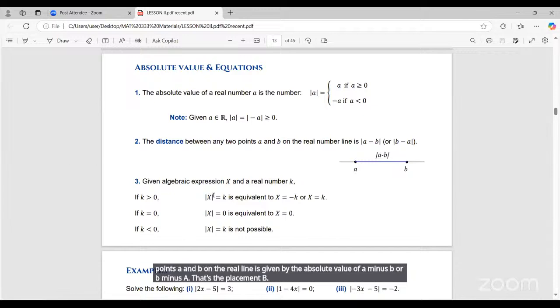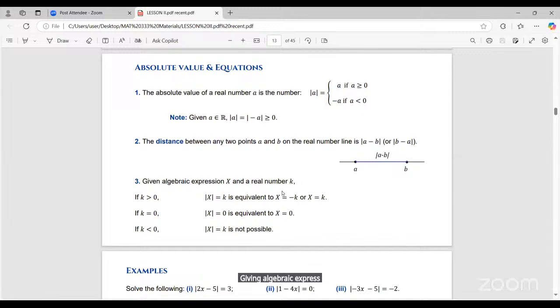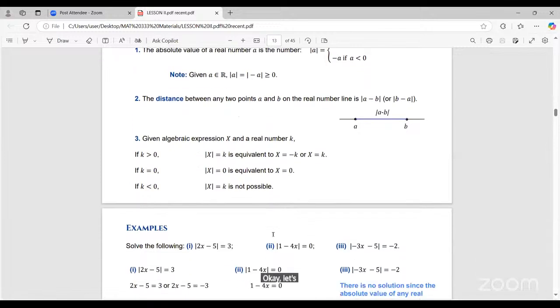Given algebraic expressions X on a real number K. If K is greater than 0, we have the absolute value of X equal to K. If K is equal to 0, the absolute value of X is equal to 0. If K is less than 0, the absolute value of X equal to K is not possible.